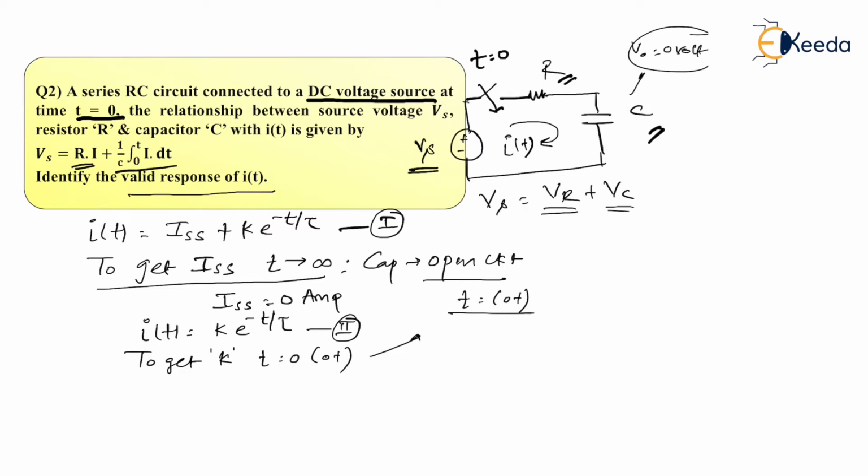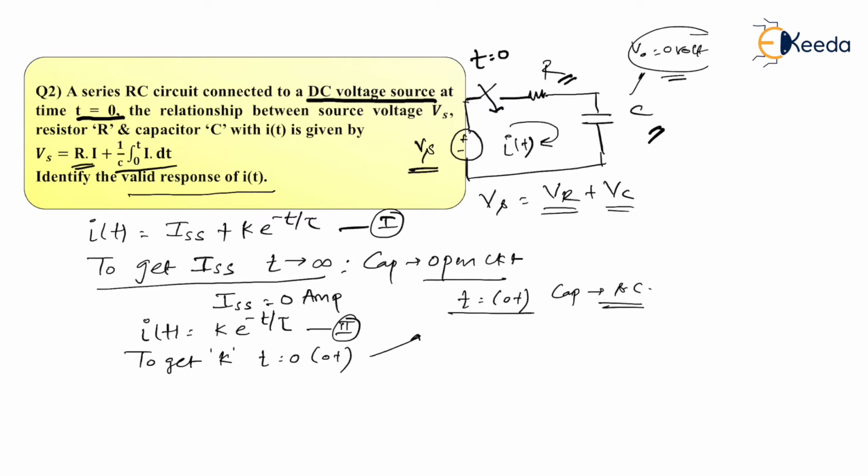So even after switching, as the property of capacitor that opposes change in voltage, it will try to maintain the same voltage as previous. To maintain this 0 volt, it will act as short circuit at t equal to 0 plus. So at t equal to 0 plus, we know the fact that capacitor will act as what? Short circuit. If it is acting as short circuit, what does that mean?